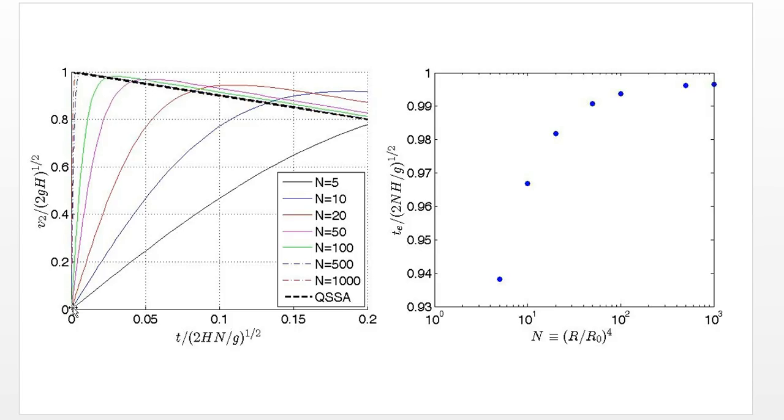It's just an adjustment from initial velocity of 0 when the hole's first opened up until the essentially quasi-steady state velocity, which is the prediction of Torricelli's law. Quasi-steady state approximation assumes steady state behavior from the mechanical energy or Bernoulli's equation. So it assumes that Torricelli's law is established instantly at the very first instant.